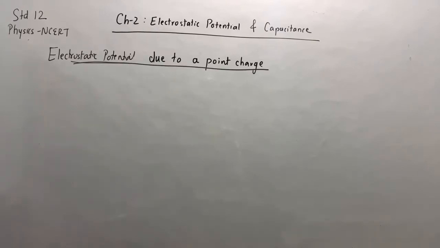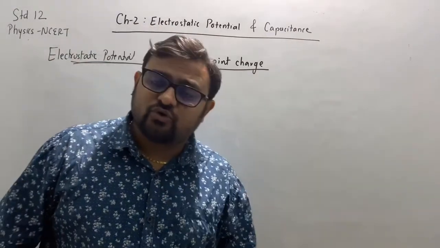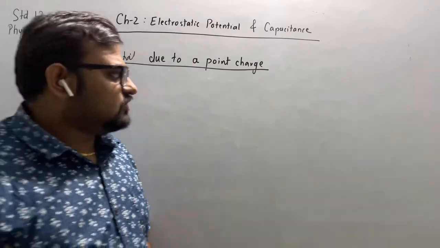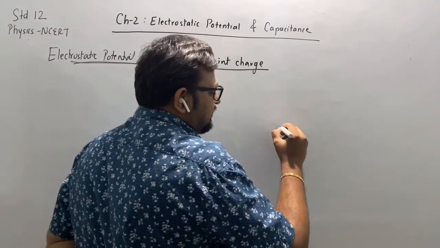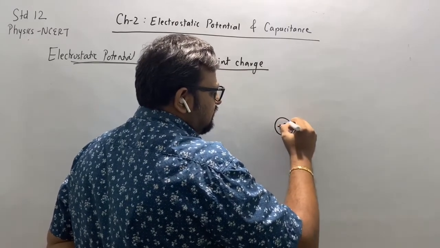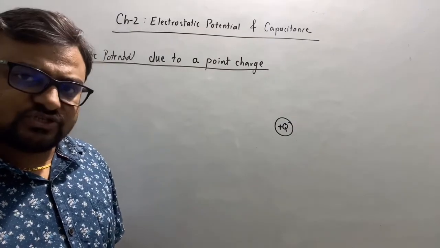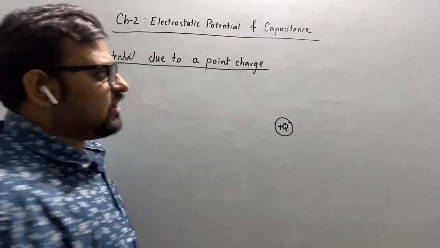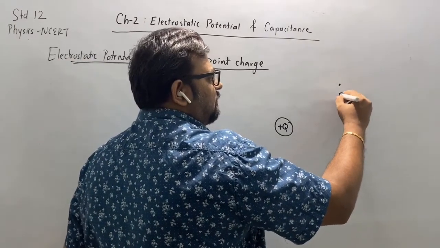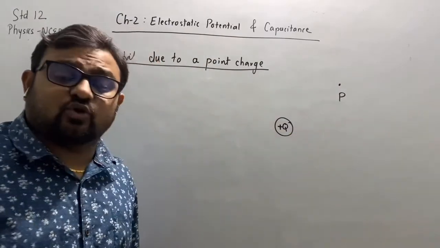The next topic is electrostatic potential due to a point charge. So now let's take a charge plus Q. I want to find the potential at any point P. Let's place the charge at the origin.